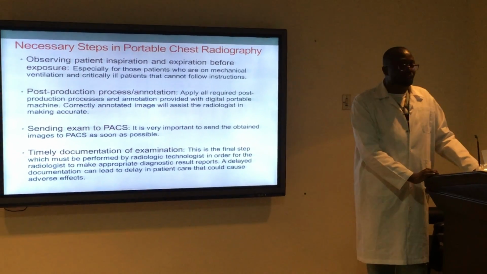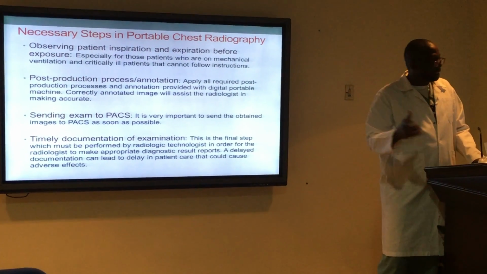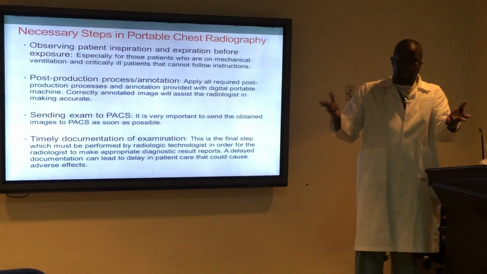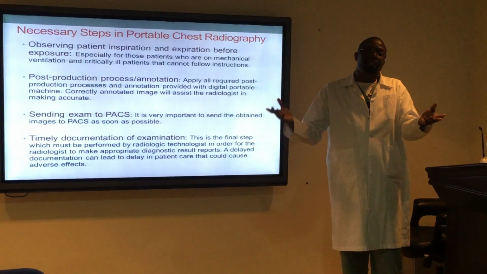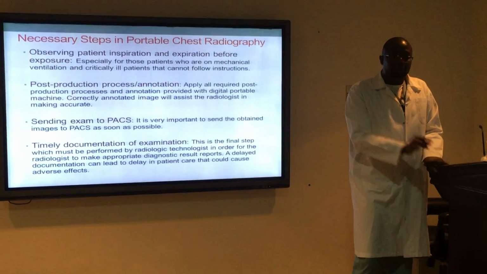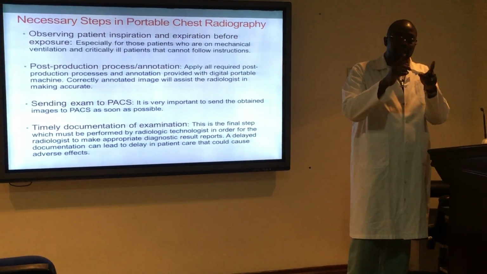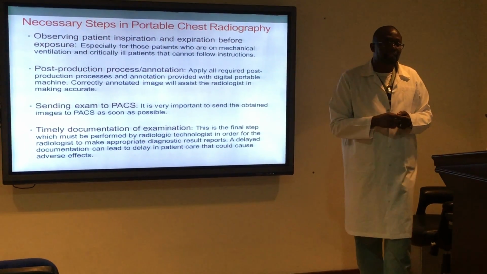After making your exposure, the next thing you have to do is post-processing, especially with the new machines that are being used now, digital radiography. You can easily do your cropping and put your annotation on the exam.